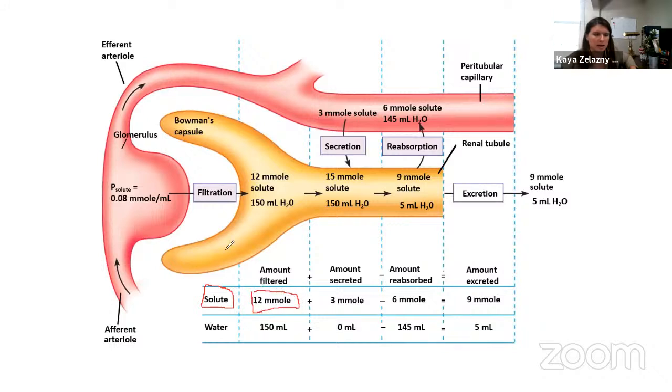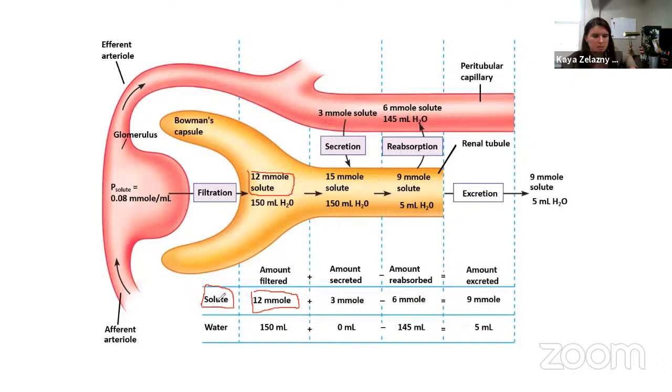That is how much we are filtering into our nephron. I'm going to jump to the end of this equation so we can then understand those comparisons that we had at the bottom of the previous slide.